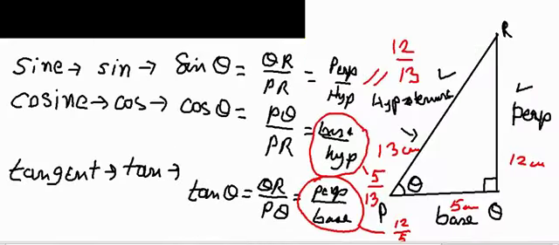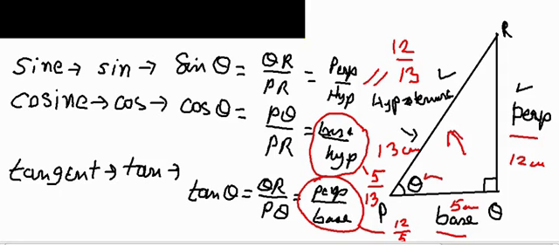So let's just revise once more. We have a right angle triangle. We have an angle called theta, and with respect to this theta, we are going to calculate various ratios between the sides. Opposite to theta is the perpendicular, there is a base which is the adjacent side, and there is a hypotenuse, the side opposite the 90 degree angle.